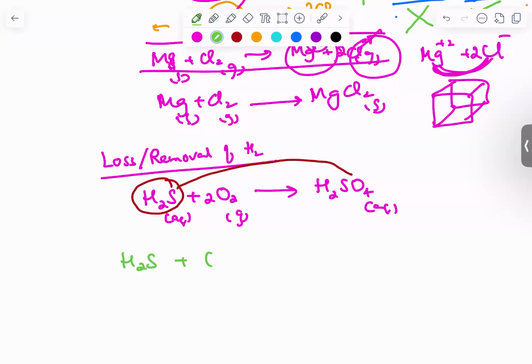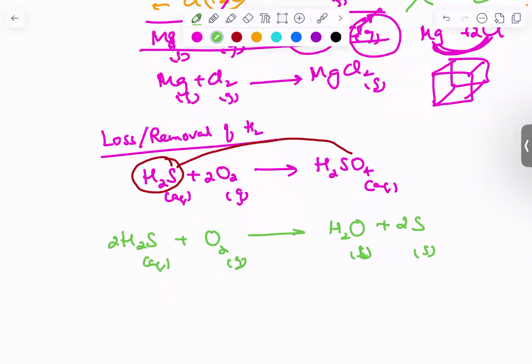H2S plus O2, another equation at a different temperature, right? So this would be like H2O plus S. Let me counterbalance this. This is 2, so 2. That would be 2 and then 2. That's it. So this is aqueous, gas, so liquid, and solid.